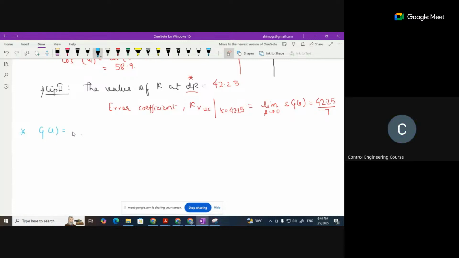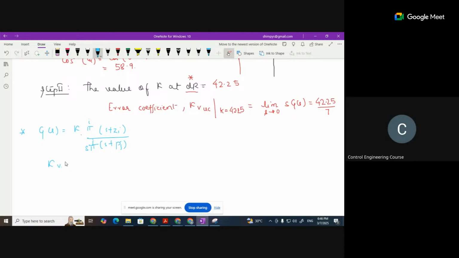I'm taking a type 1 system, K product of (s plus zi) over s product of (s plus pj), zeros and poles. This is a type 1 system, so we have s in the denominator. If I want to calculate the error coefficient of this uncompensated system, can I write it like this?